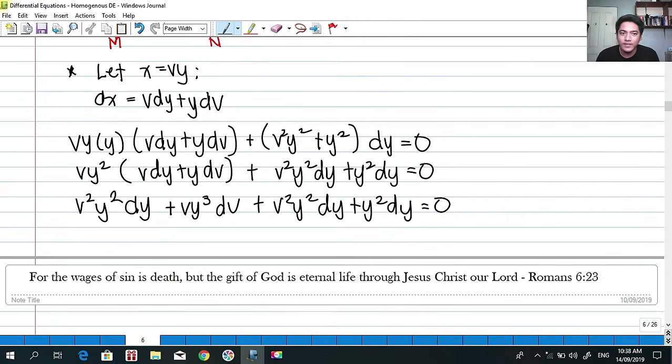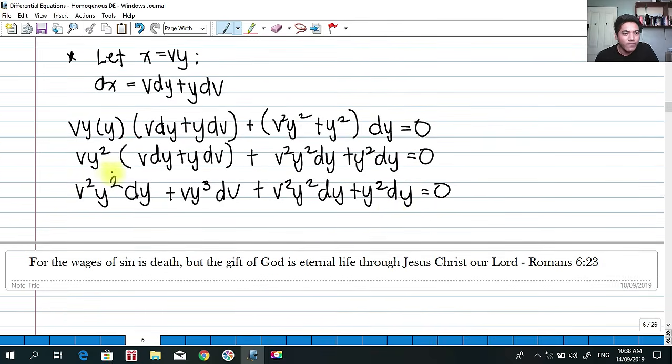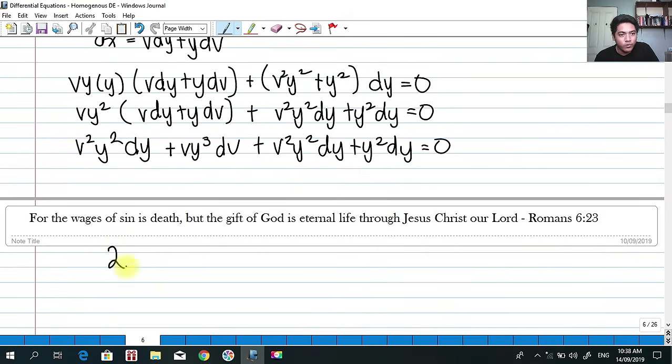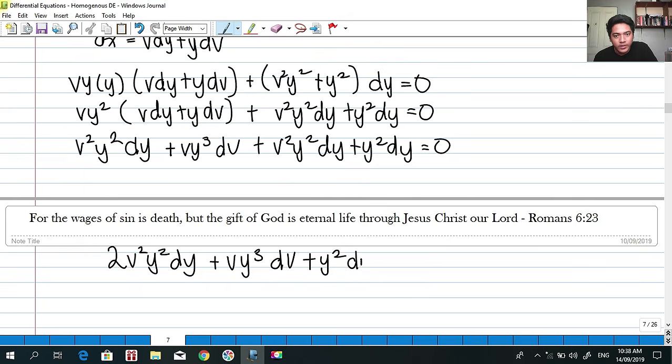Can we simplify? Okay, as you can see here, we have v squared y squared dy, we have v squared y squared dy here. We can add them. So we have 2v squared y squared dy. And we can copy the other vy cubed dv, this one, and this one, plus y squared dy is equals to 0.